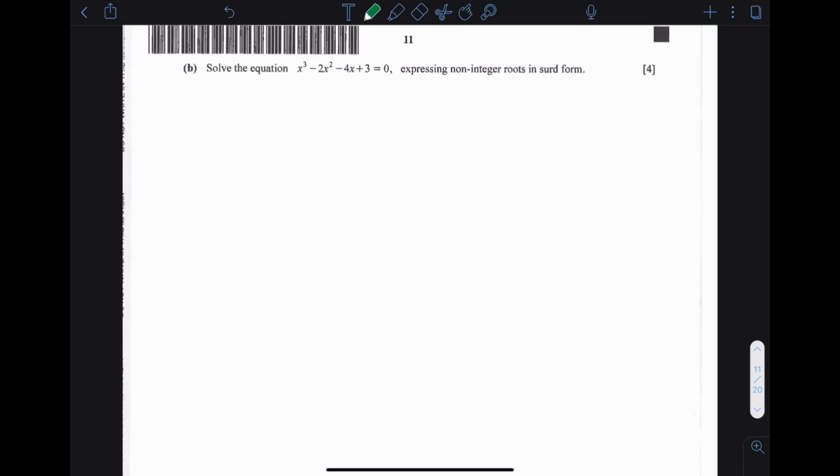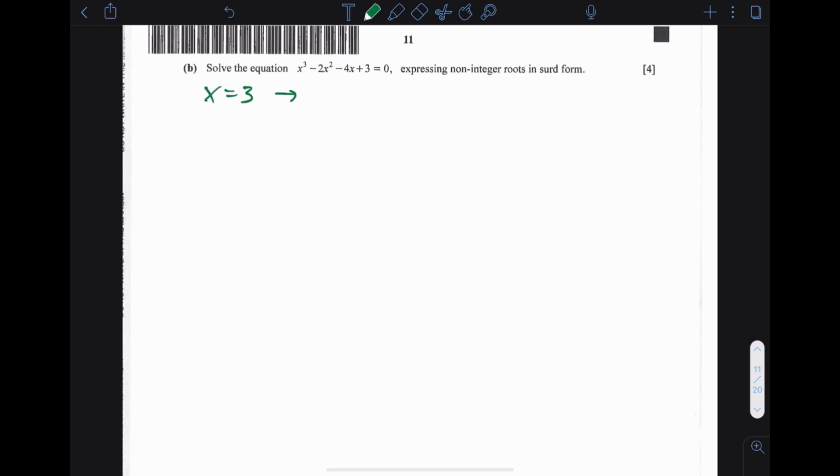Next question is question B. Solve the equation x cubed minus 2x squared minus 4x plus 3. This kind of question, you need to solve using the calculator. Just simply press the button mode 34. A few answers are going to pop up, and the best one is to let x equals 3.